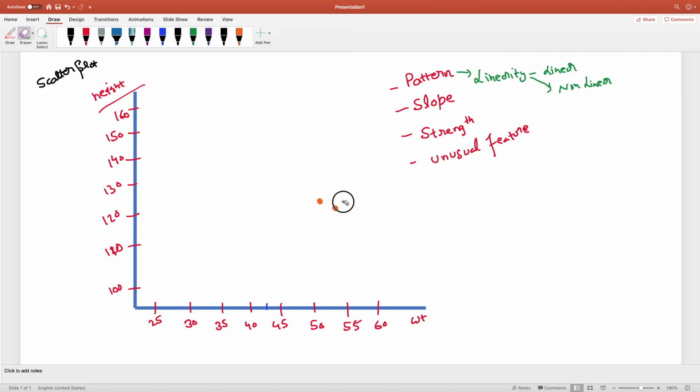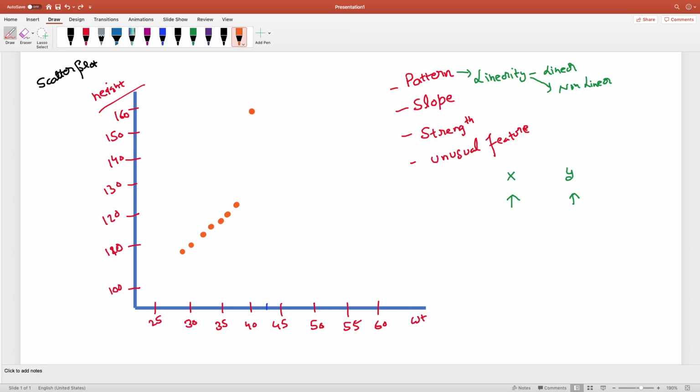So how do you define the pattern? If you have x value over here and y value over here, and you are showing the relationship, how would you show it? If x is increasing and y is also increasing with respect to that, I will get the data something like this. It just keeps on increasing like this.